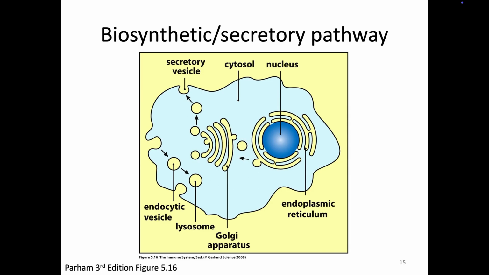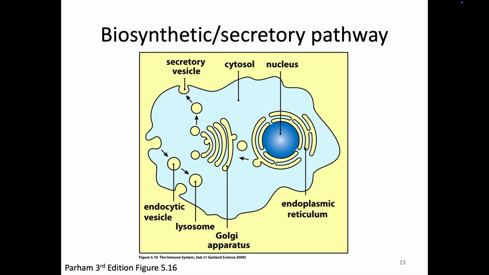But what you can notice is that I have the area outside of the cell, which is in yellow, and I have the cytoplasm, which is in light blue. And I also have some compartments inside the cell, and you'll notice all those compartments are also shown in yellow.